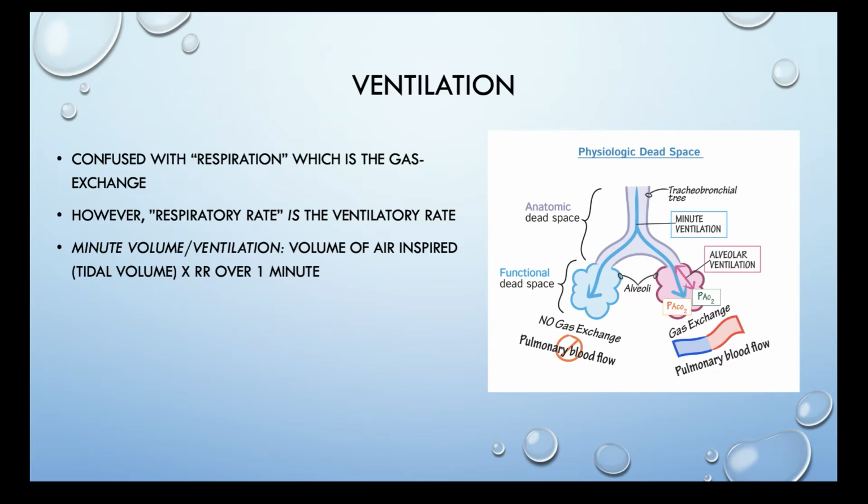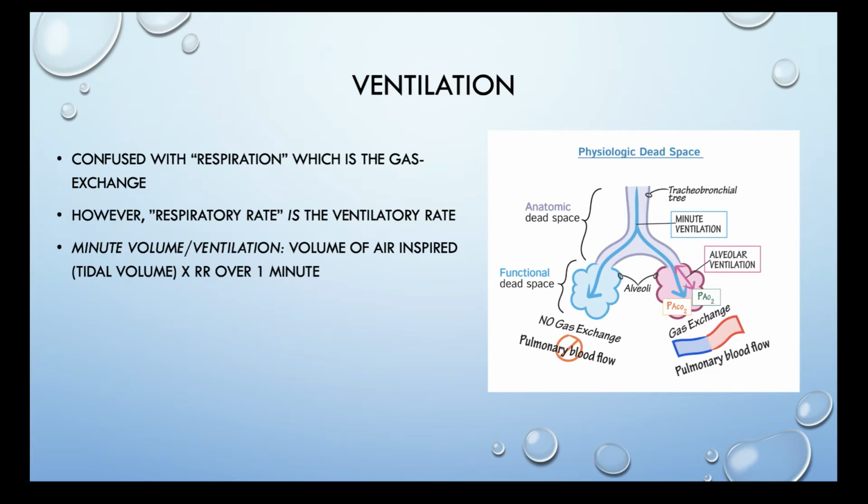The amount of air that we move into our lungs on one respiration, so breathing in just one time, is called tidal volume. If you look at a ventilator screen, at all of the different numbers and settings, you'll see something that says tidal volume.